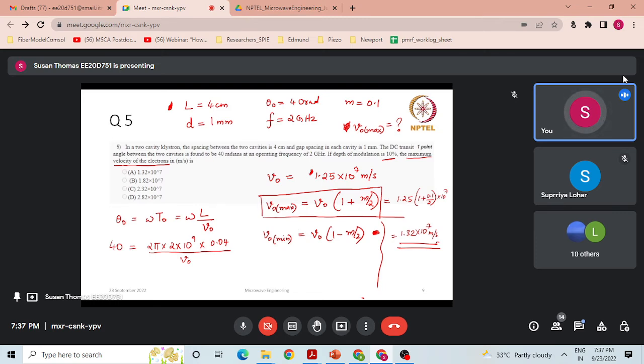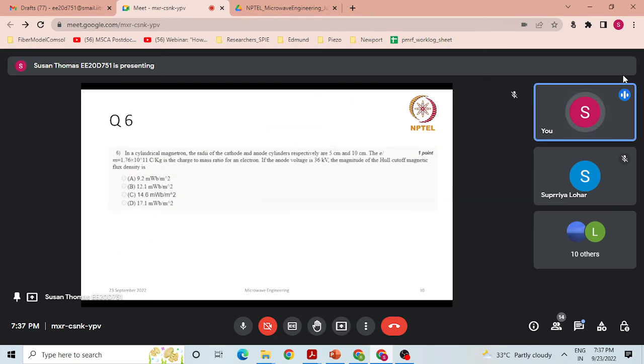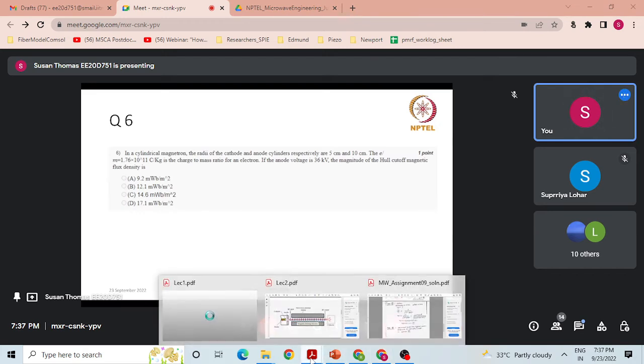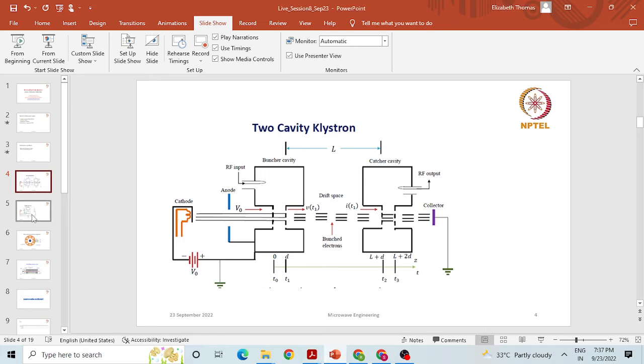Okay, I think there are no questions, so let me move on. This is a question on the magnetron. Hopefully you remember the structure of a magnetron.